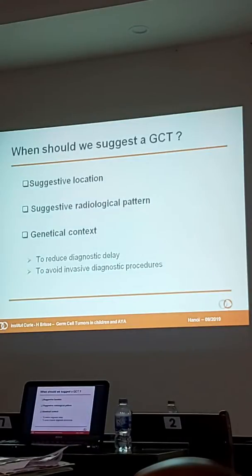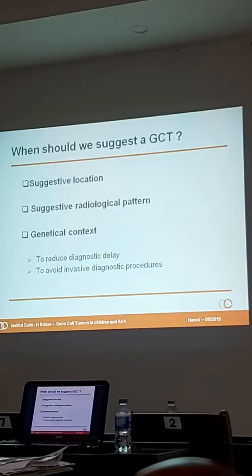So when should we suggest the hypothesis of germ cell tumors? Sometimes because the location is very suggestive, sometimes because the radiological pattern suggests the diagnosis, and sometimes you have a genetic context.